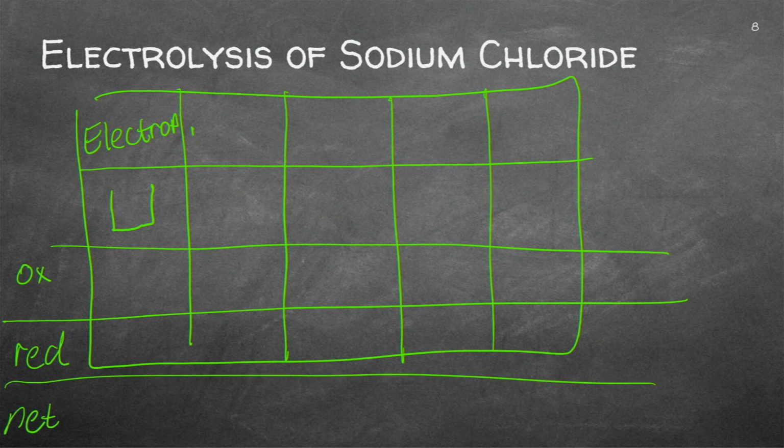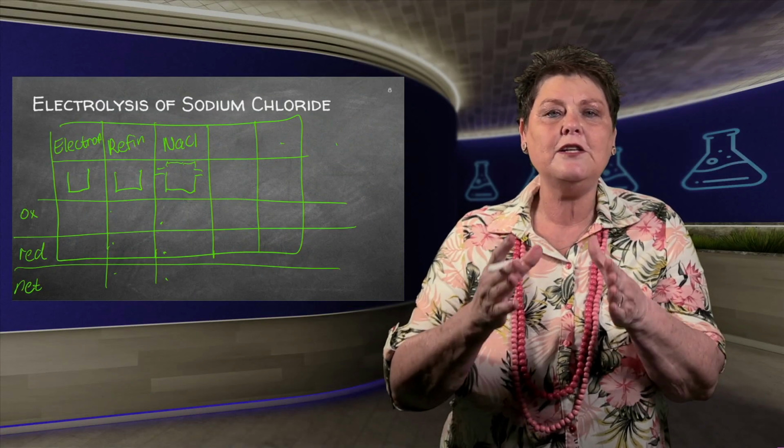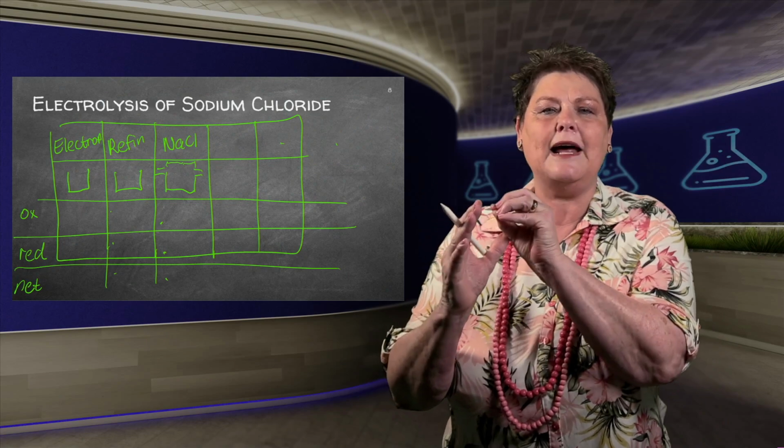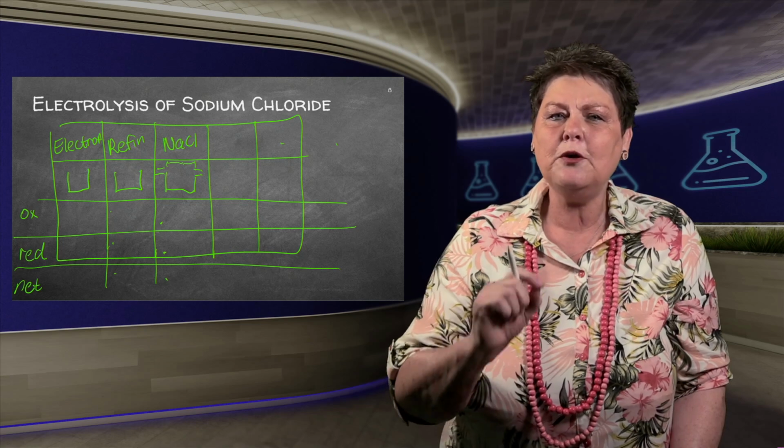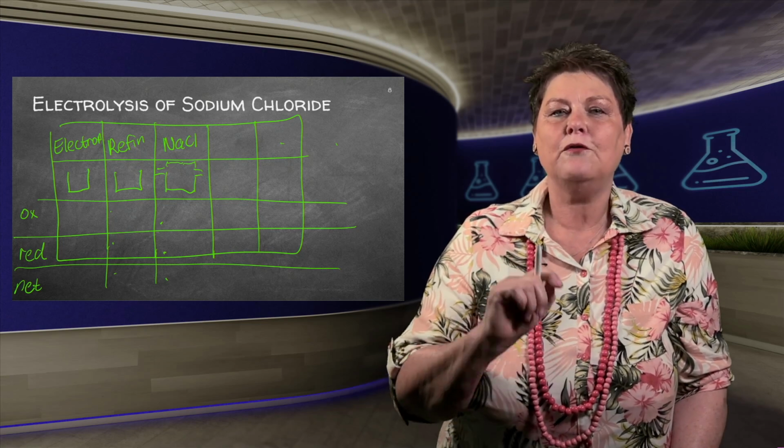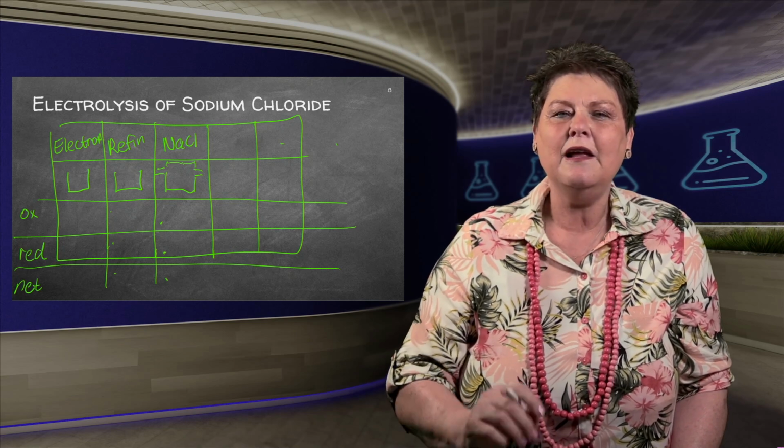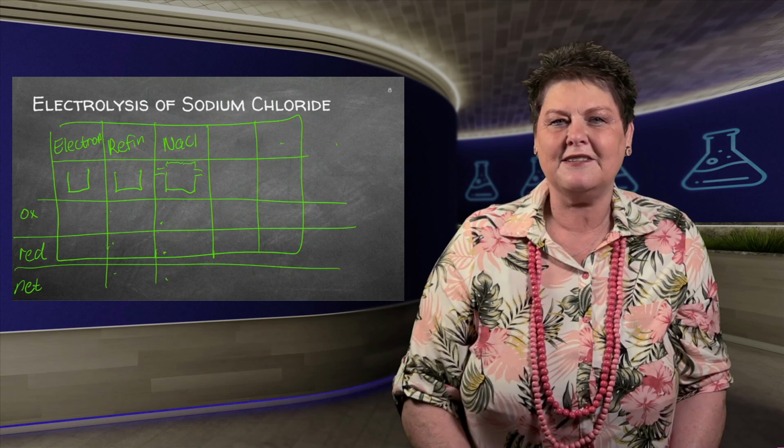Then you can take your refining of copper, again your diagram, your oxidation, reduction, net reaction. And then we did sodium chloride, where we had another type of cell. The oxidation, the reduction, and the net. In the next lessons, we're going to do 3 others, so that you can identify the similarities and the differences. I hope you enjoy getting good marks for electrochemistry, because it's really a little bit of studying, but lots of practice.